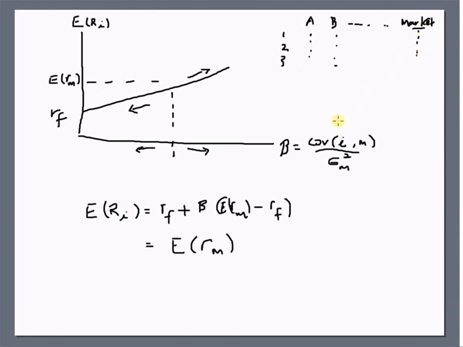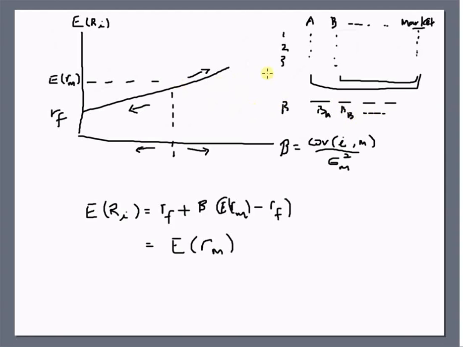For each of these pairs of security and market, we construct the covariance between the security returns and the market return, and we obtain the variance of the market. So we obtain a beta for each of these securities: beta A, beta B, and so on.